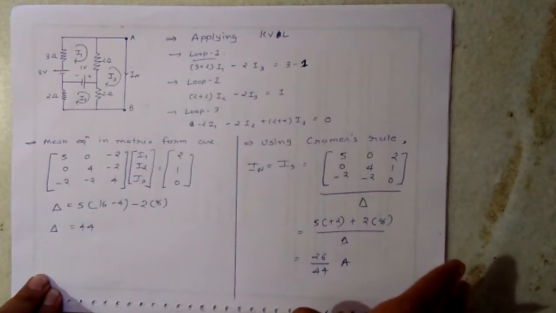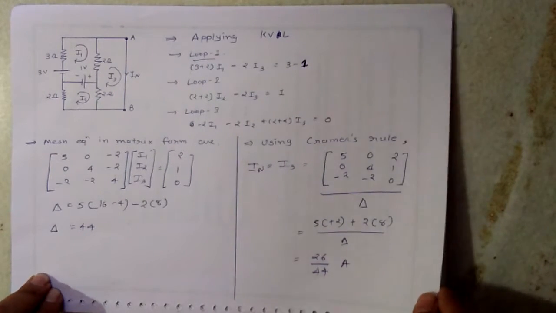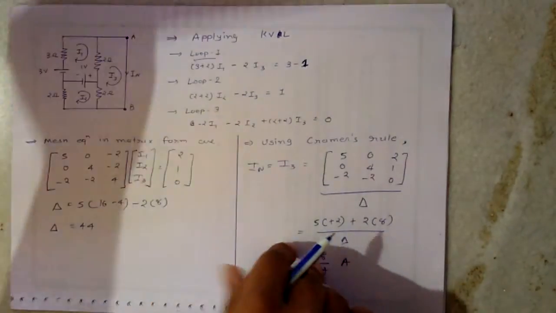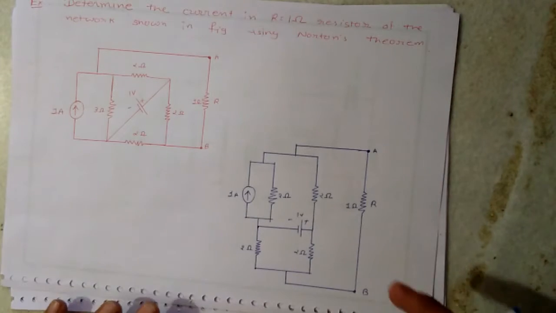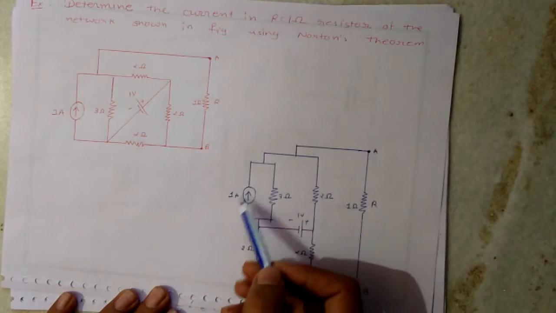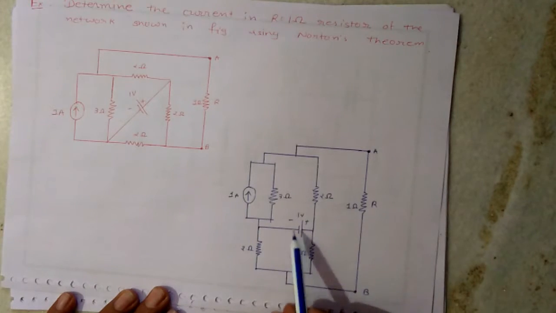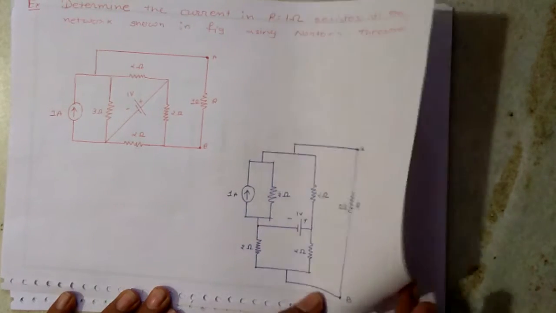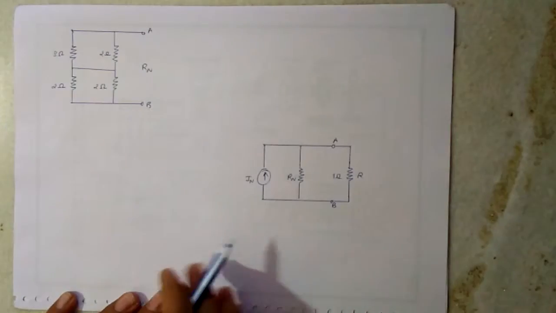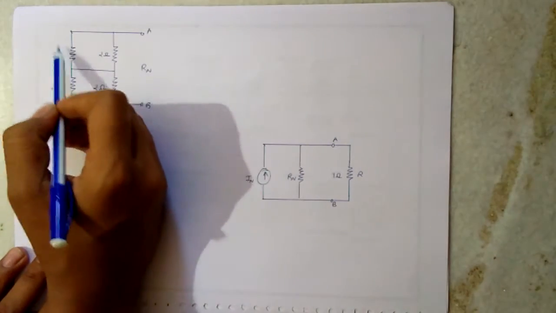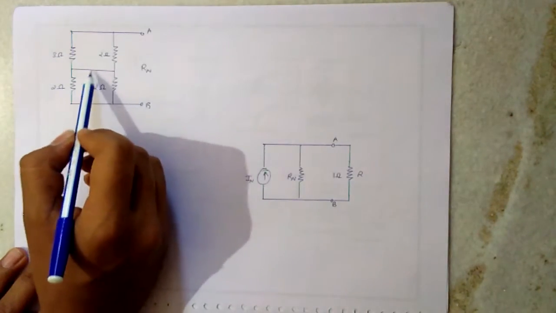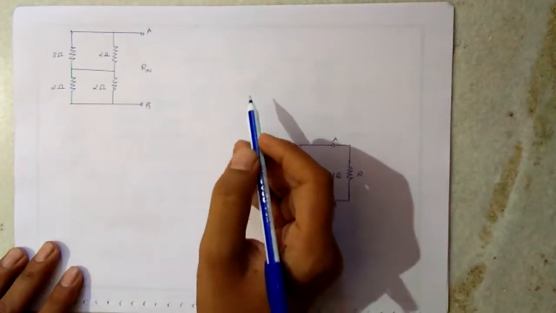Now to find the equivalent Norton's resistance, we will simply take this circuit. In that we have to find the resistance across this. For that we will open circuit this current source and short circuit this voltage source. This will happen through this. Here the current source was open circuited and the voltage source, which has been short circuited.